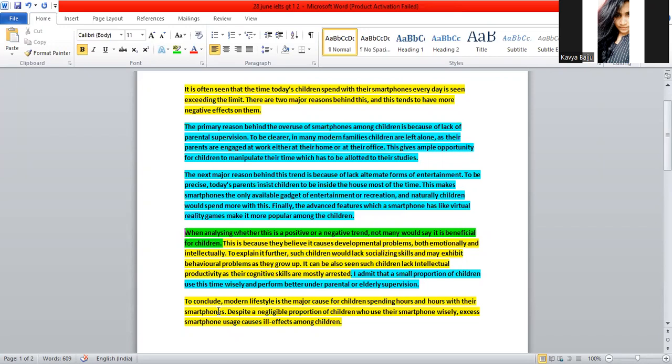Despite a negligible proportion of children who use their smartphone wisely, excess smartphone usage causes ill effects among children. So it causes problems among children. It is not going to be productive. So the majority of the children are going to get affected with the overuse of cell phones or smartphones. That's what we have seen here.